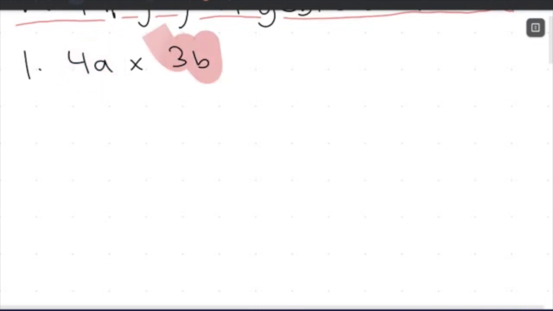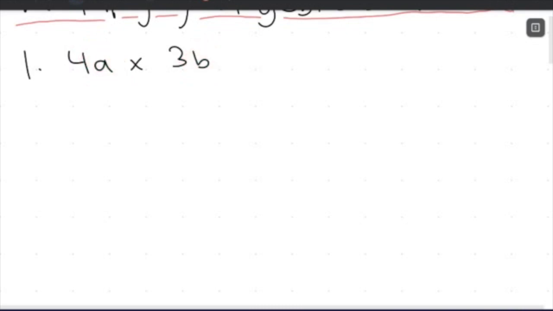And here I just have 3 times b. Now, let's for a moment consider that a and b were real numbers, just any numbers, I don't know, let's say 2 and 6. Well, if these were just normal numbers, we would just multiply 4 by whatever a is, 3 by whatever b is, and then multiply the two resulting products together.